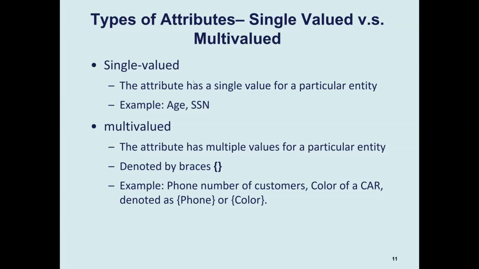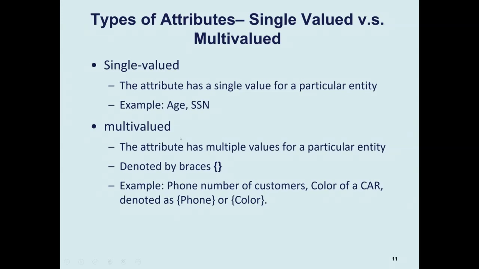For example, when we record a person's information, like age and SSN, these are single-valued attributes, because for any person, at any single point in time, that person can only have one age, and theoretically, each person can have only one SSN.